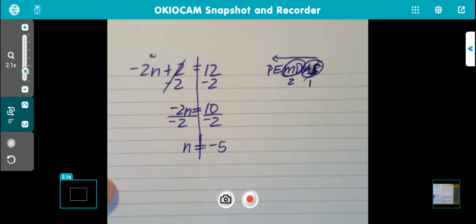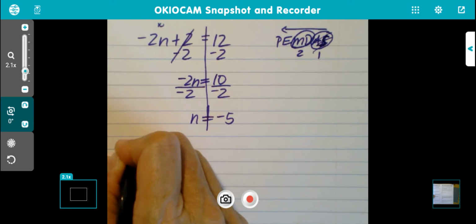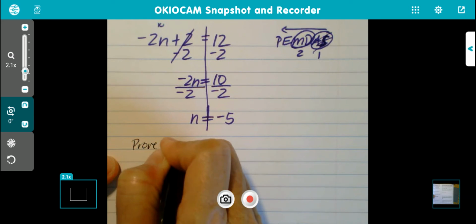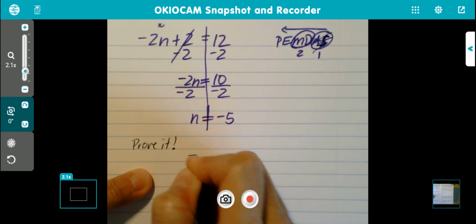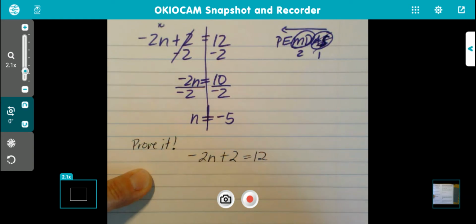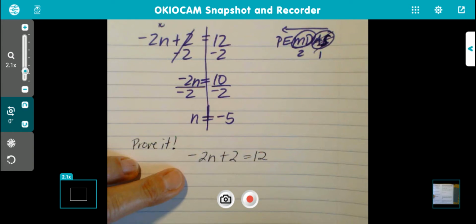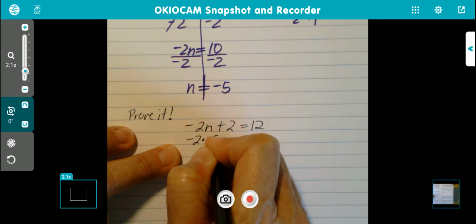Okay, let's check and see if our answer is correct. Let's prove it. So let's do our equation: -2n plus 2 equals 12. I'm going to take out the n and put in the -5.